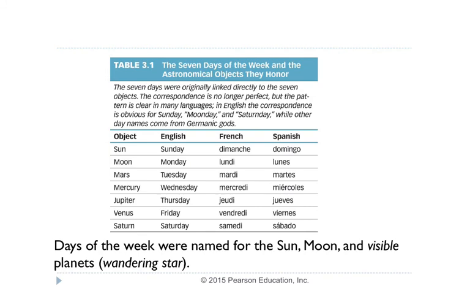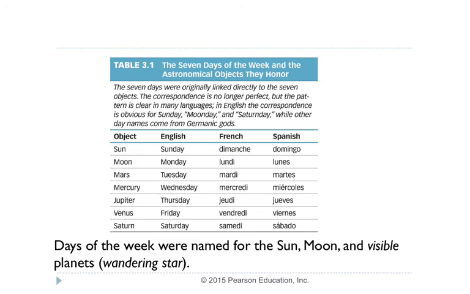And so here we see that the 7 days of the week are in fact attributed to those seven objects. So had we been able to see other planets with the naked eye a bit easier, perhaps we would have had 8 days or 9.